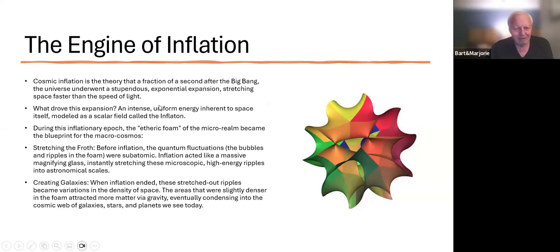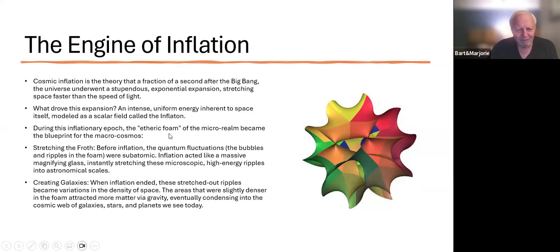Cosmic inflation, which is the engine that drives all this, is the theory that a fraction of a second after the Big Bang, the universe underwent a stupendous exponential expansion, stretching space faster than the speed of light. So what drove this expansion? An intense uniform energy inherent to space itself, modeled as a scalar field, which is called an inflaton for inflation.